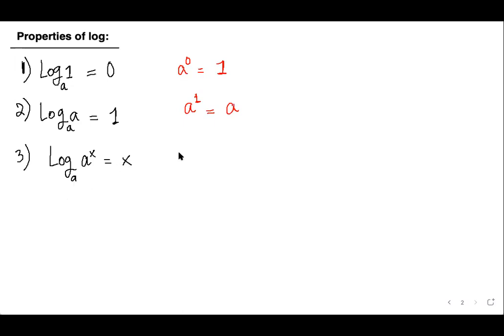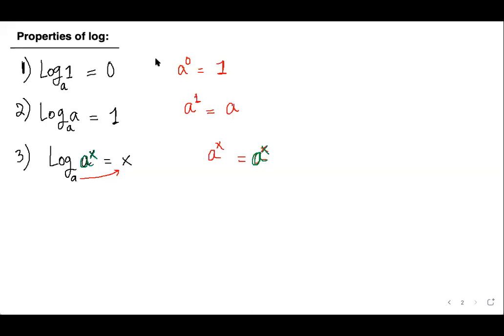Because a to the power x gives me the number inside. Understand? First of all, we should know this is the green one, and this is the red one, a to the power x.